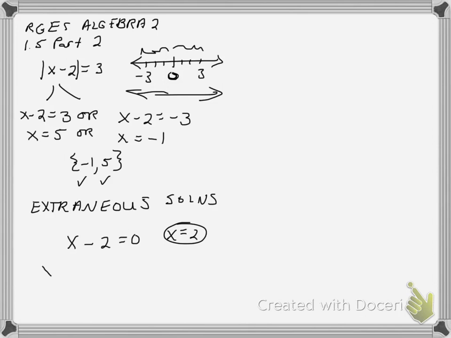So I would get x times x minus 2 equals 0 times x. I think I can multiply both sides by x, and then when I expand this out, I get x squared minus 2x equals 0.